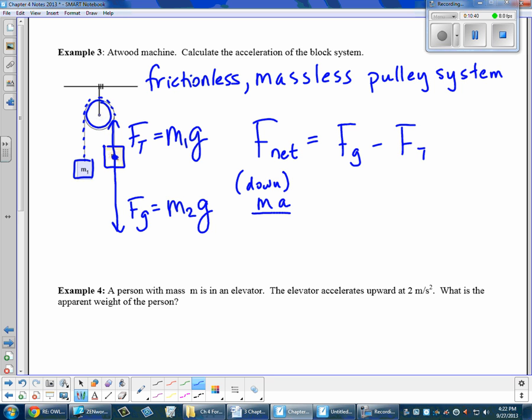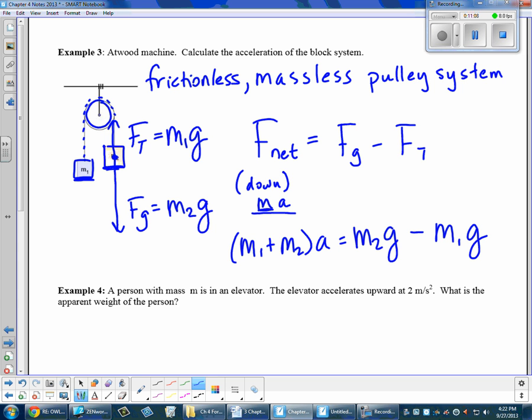But in this situation, the mass that's accelerating is not just M2, but it's actually both masses accelerating, which means that when I plug into MA, I need to use both masses added together. I'll make a substitution for Fg. It's equal to M2G. And Ft then is M1G.